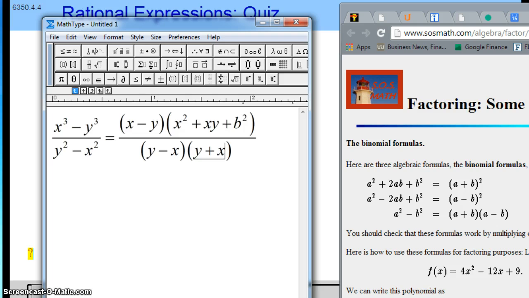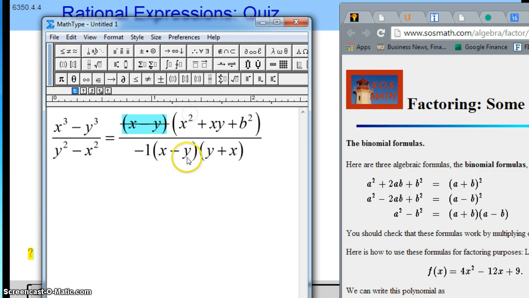So I'm going to rewrite that. That's negative 1 times x minus y. And now we can cancel these out, right? Let's get a bar through there. These cancel out, same thing, top and bottom.